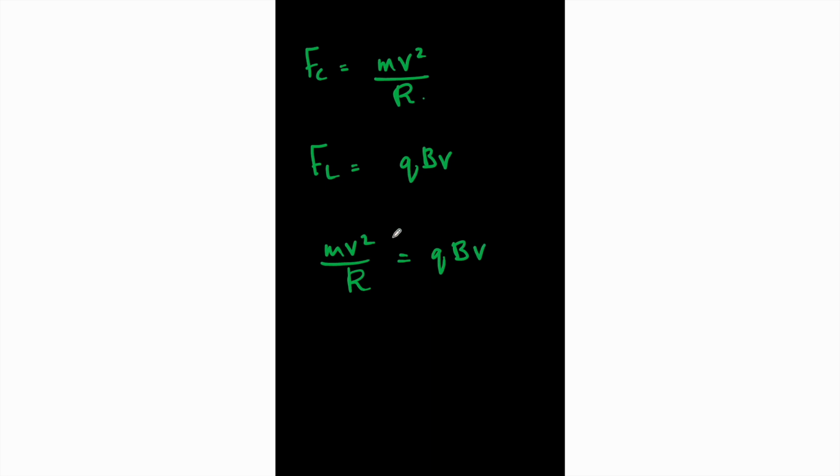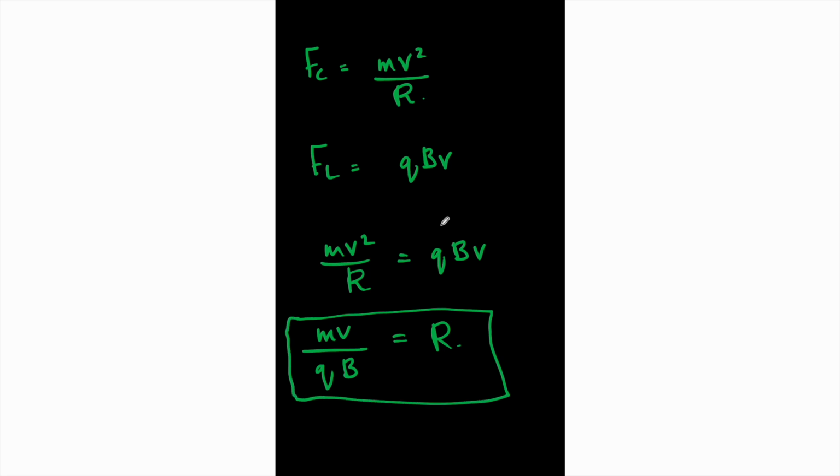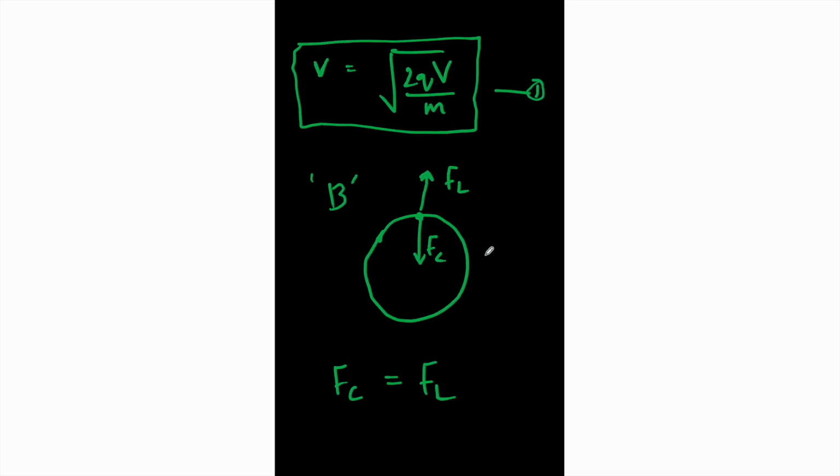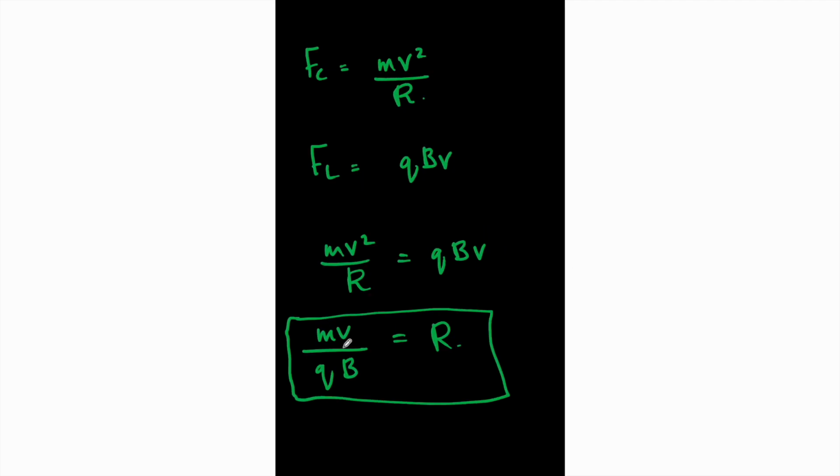You can cancel v square and v, so it becomes m v by qB is equal to the radius of the path. The radius of the circle in which the charged particle is executing the circular motion is given by m v by qB. But what is v?